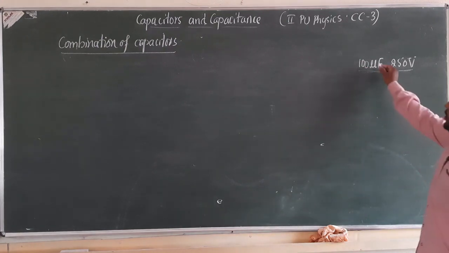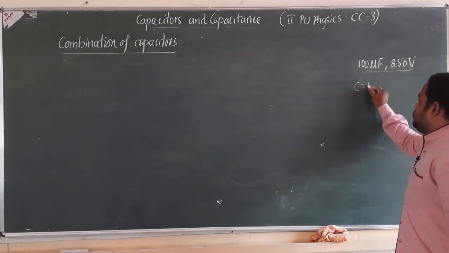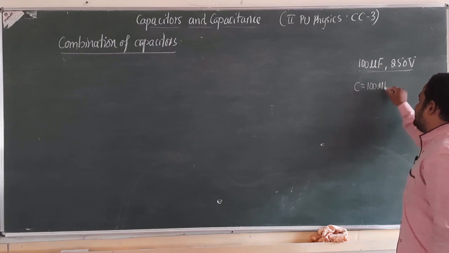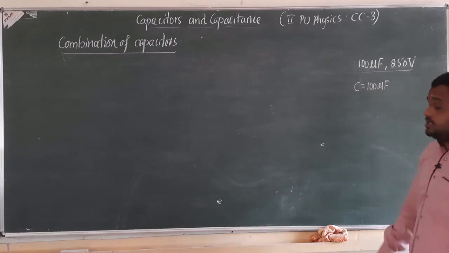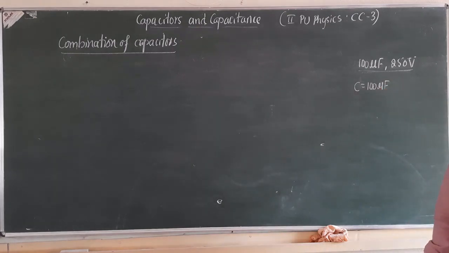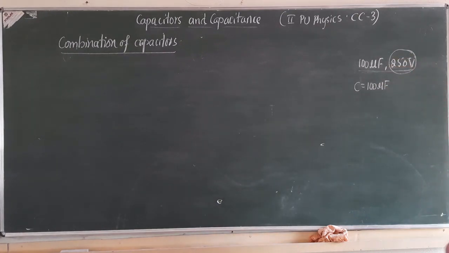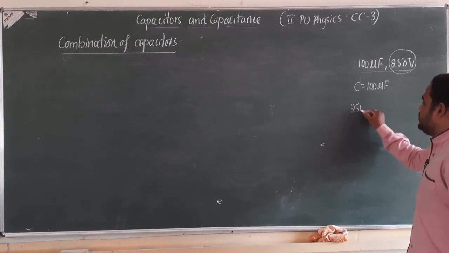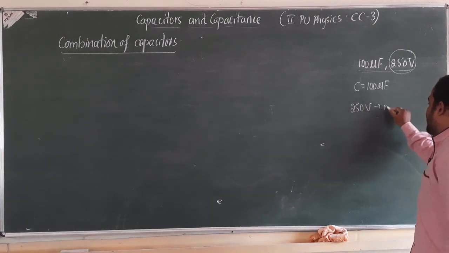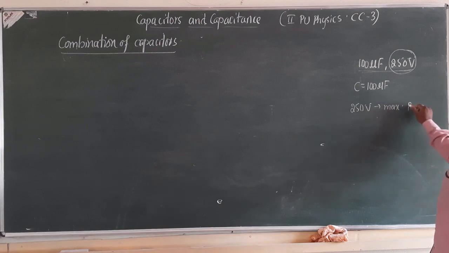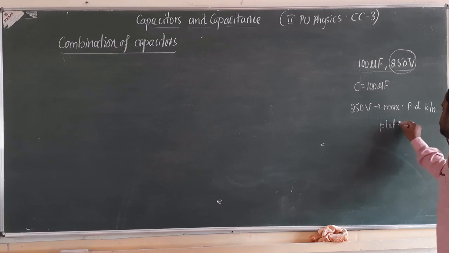Now 100 microfarad represents C is equal to 100 microfarad, that is its capacity. And one more value, a potential difference or voltage rating, will be given in a capacitor. Now this 250 volt represents the maximum allowed potential difference between the plates of the capacitor.